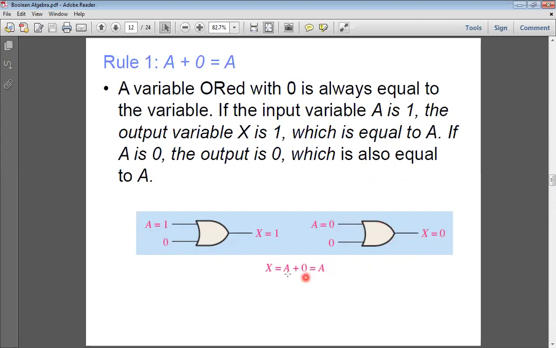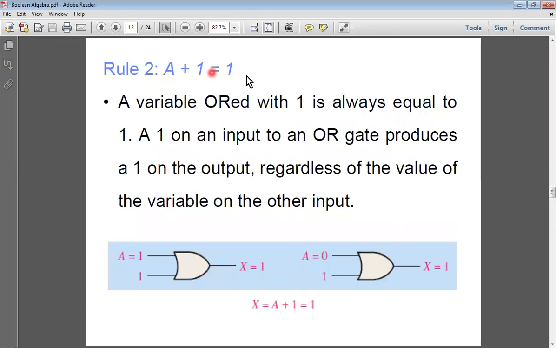Means output is simply A, irrespective of the second input, provided the second input is 0. So if you OR A with 0, that A comes out as it is. That doesn't change. This is rule 1, and this is the proof or verification. You can prove it by using the truth table also.